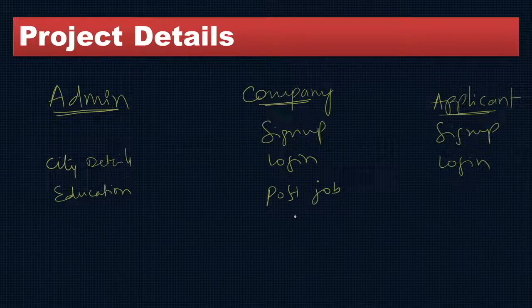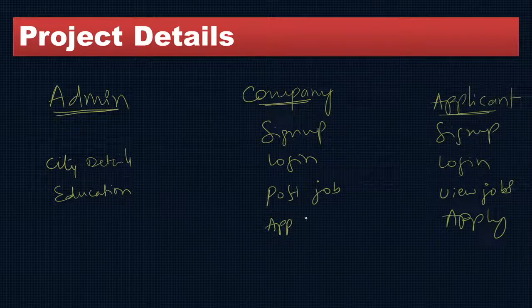After posting, the applicant is able to view the jobs. Based on what types of jobs are available in the company, you can apply. Once you apply, there is the candidate list, or the applicant list. Now the company can select the applicant.